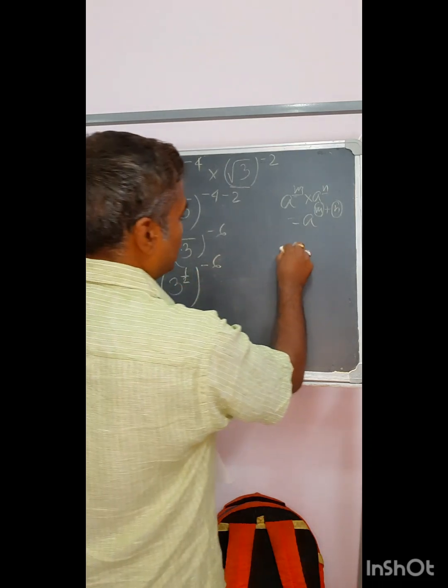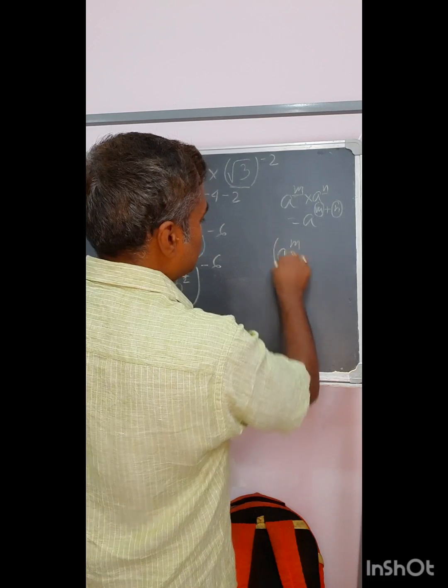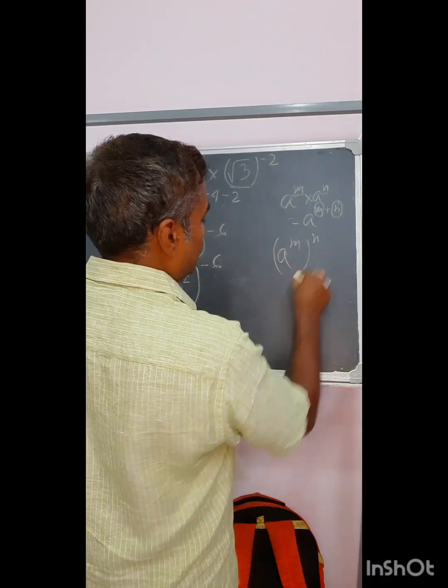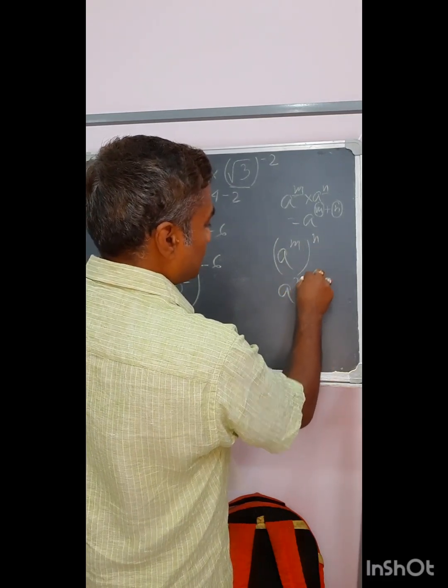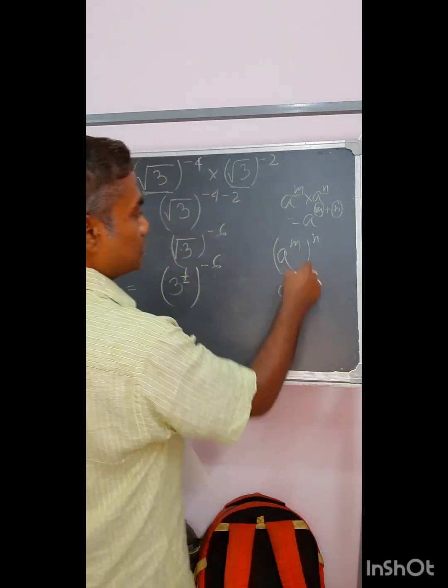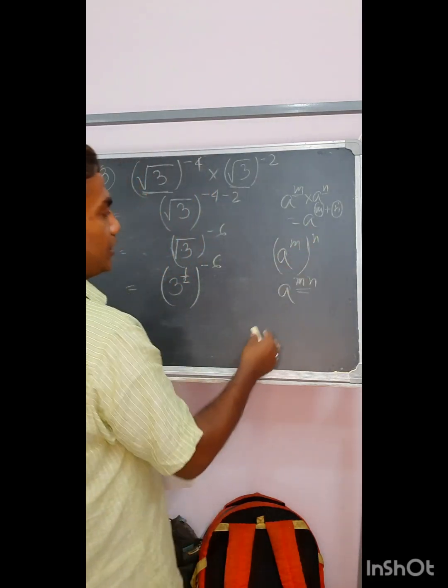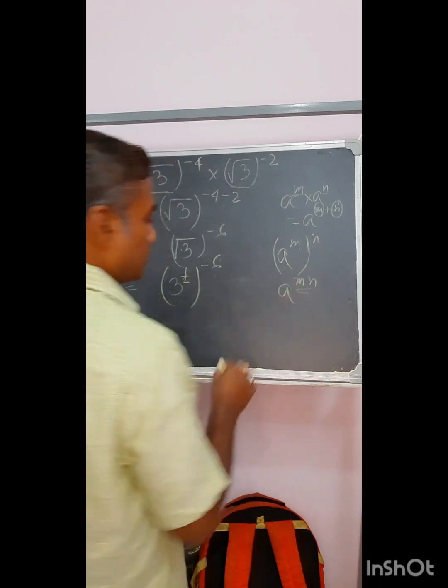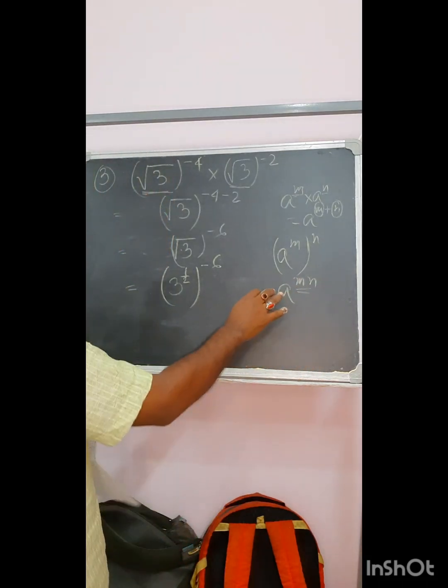Now here another thing comes into the picture. a to the power m whole to the power n will be nothing but the multiplication of these numbers, meaning when I remove the bracket, these two are multiplied.